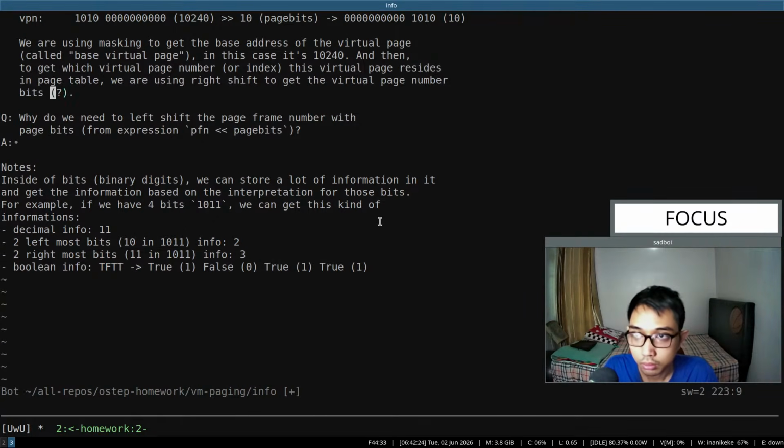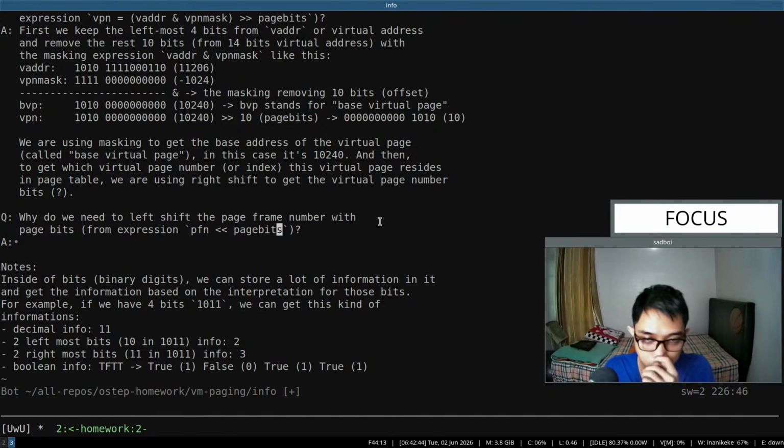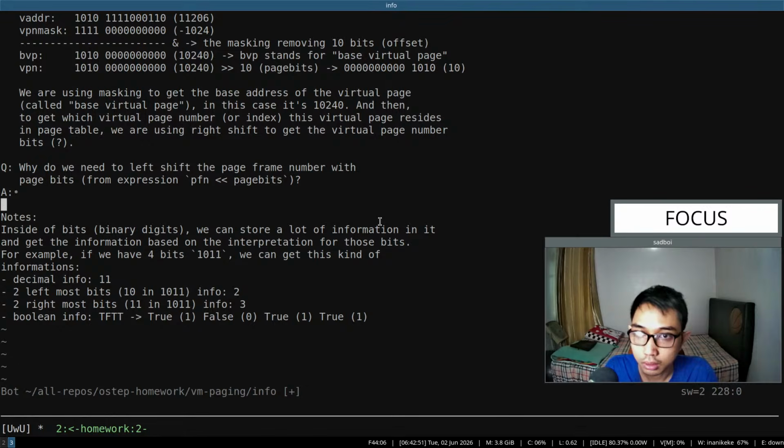So I think we need to do left shift to get the base address, the base physical address, something like that, for the page frame number. How do I explain that?